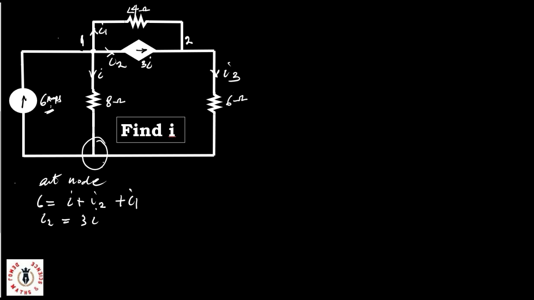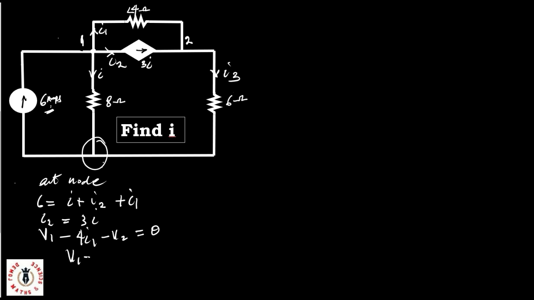And define my I1. I know that, taking the loop from node 1 at V1 to node 2 at V2, V1 minus 4 I1 minus V2 is equal to 0.